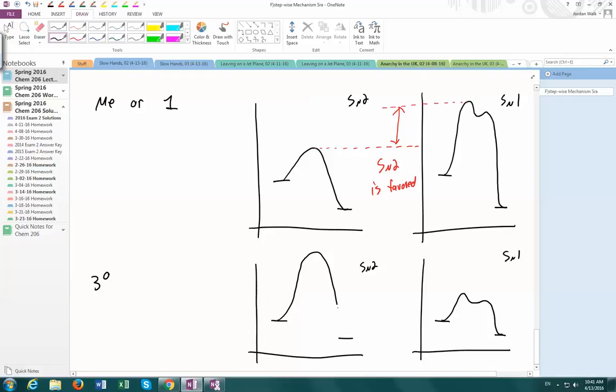And so we find that this is way up here. And so again, we're just going to compare these activation energies. And so in this case, with a tertiary substrate, what's favored, SN1 or SN2? Yeah, it's SN1, and again, it's just because it has a smaller activation energy. It means it's going to go faster, and so because it's going faster, that's the product we're going to see form. So here we've got SN1 is favored.